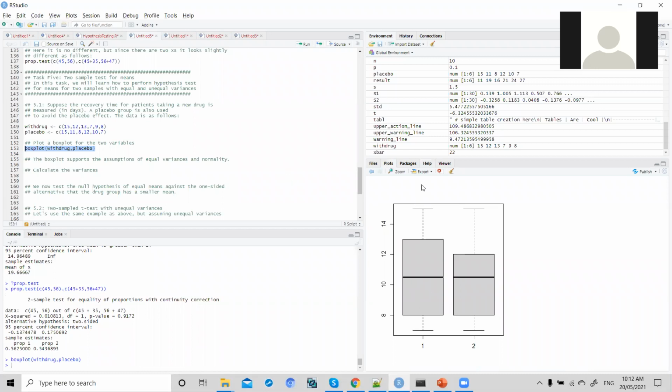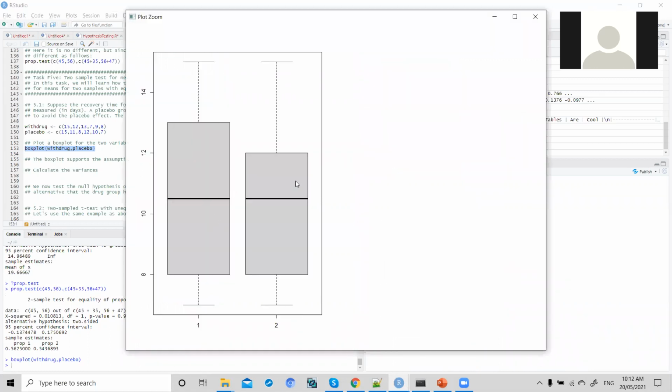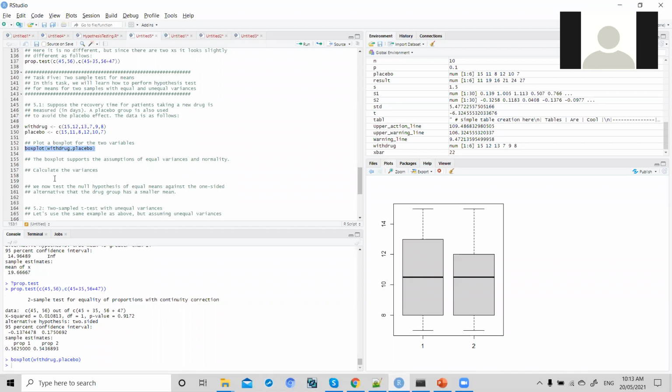Looking at the box plot, we can say this data is normally distributed because in both 1 and 2 you will see it is divided into equal halves. So this looks normally distributed. To calculate variance, we will use var of withdrawal and var of residue.